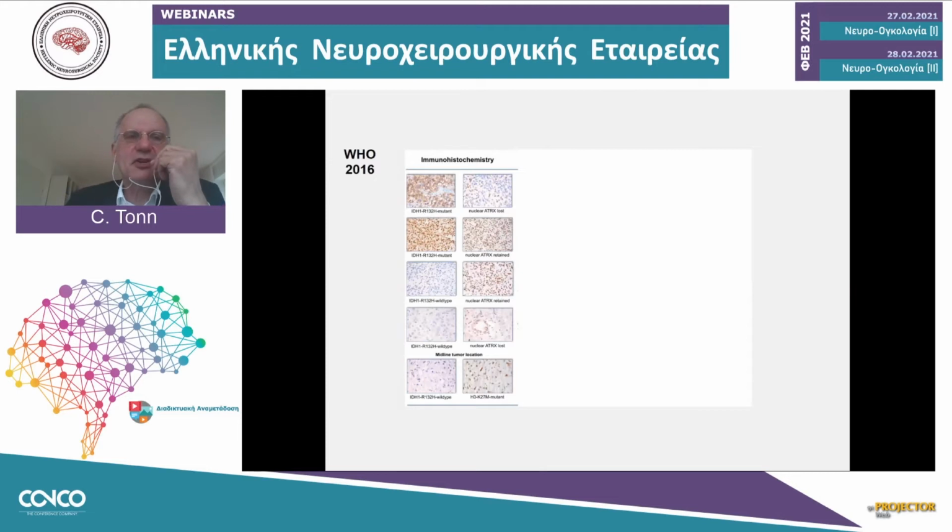So actually the WHO classification from 2016 switched from what in former times was a more or less histological diagnosis to what they call integrated diagnosis. So it's a layered diagnosis, and the first layer is histology as we knew it in the past, so the mirror image of the tumor under the microscope.